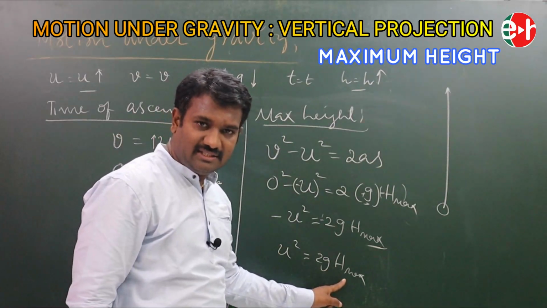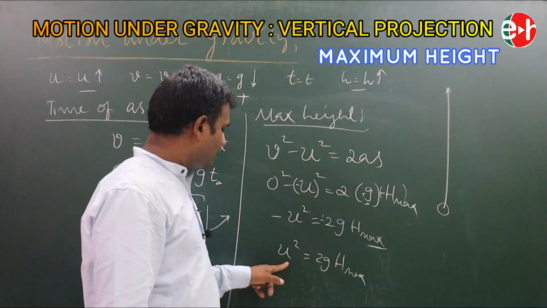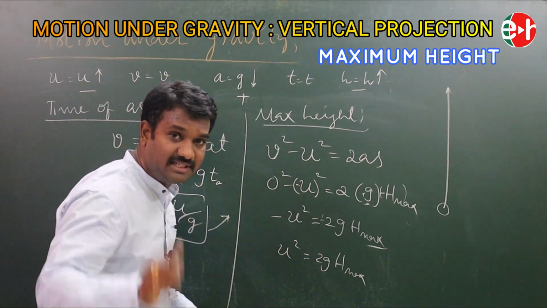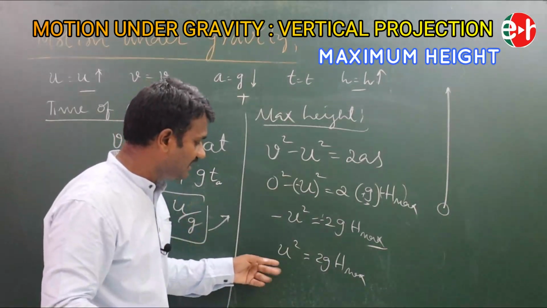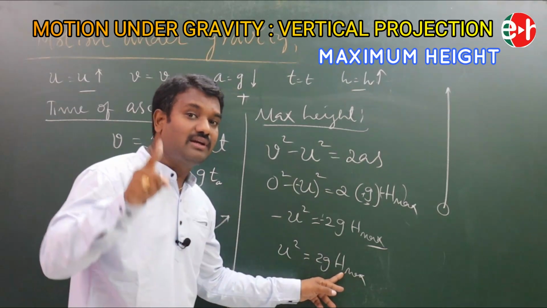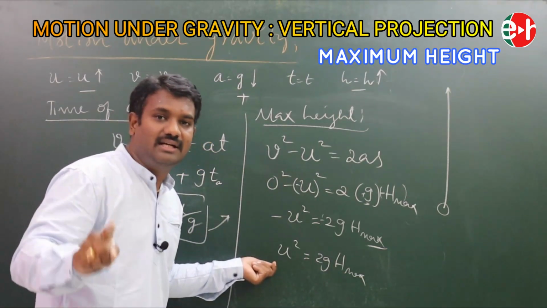See, what is the beauty of this equation? If you know the height up to which the body is raised, you can find the velocity with which the object is thrown. Means you can find the initial velocity. If you know your target height, you can find the velocity with which the object must be thrown to hit this.